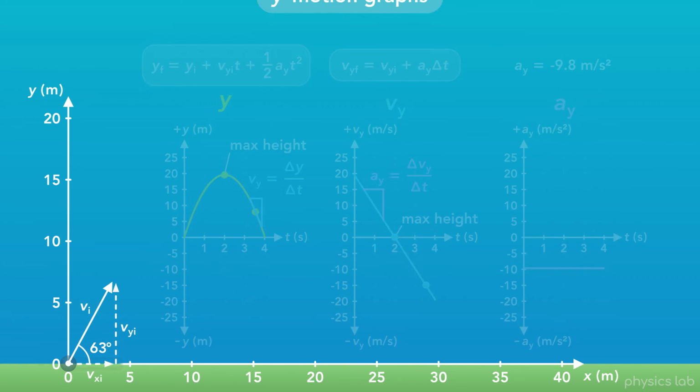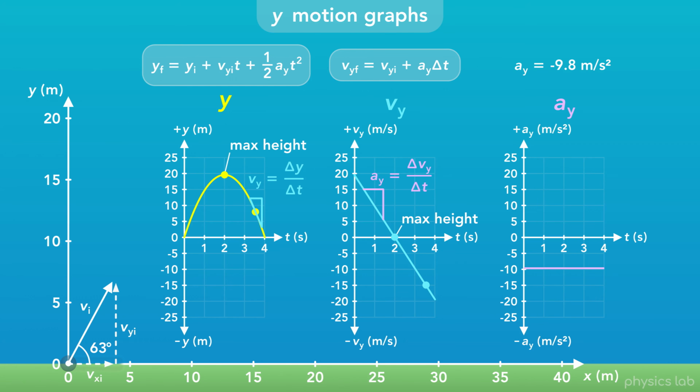The motion graphs for the y direction will depend on the initial and final points. But in each case, the acceleration graph is a constant negative 9.8 meters per second squared, if up is positive. The velocity graph is a straight line, and the slope is the acceleration. The velocity curve crosses the horizontal axis when the y velocity is 0 and the object is at the maximum height.